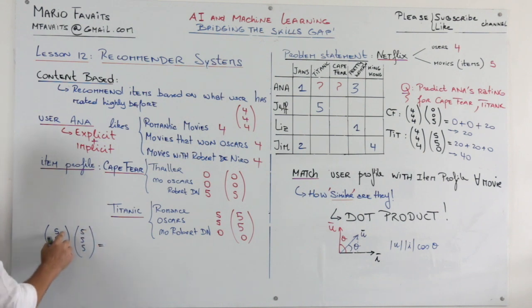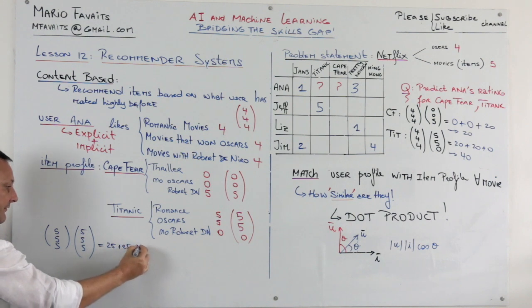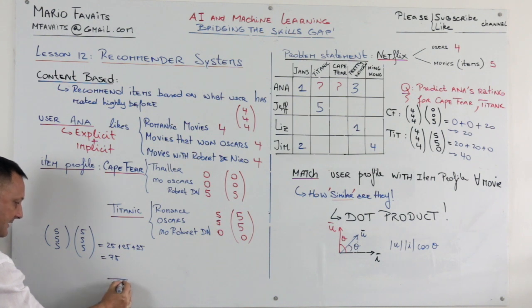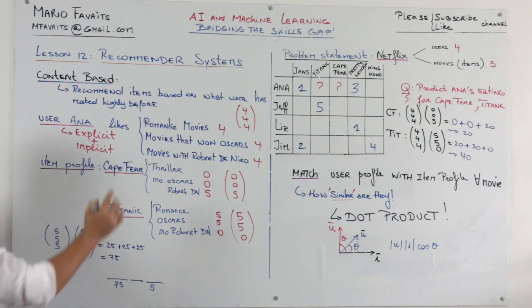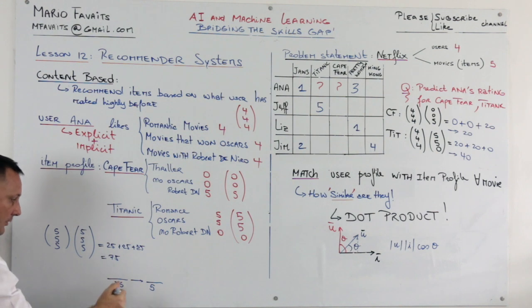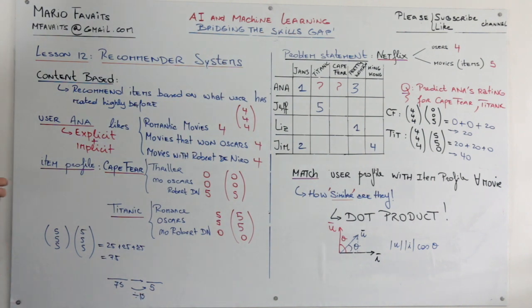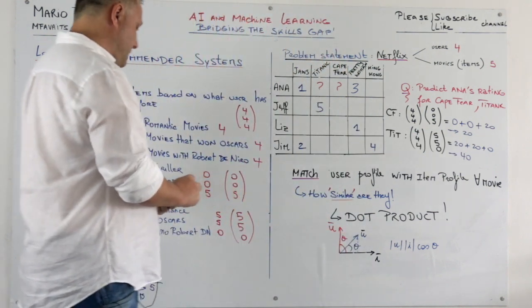If you take the dot product, 5 times 5 is 25, and we have 2 more, plus 25 plus 25 equals 75. Now we need to convert to a score from 1 to 5, so we divide by 15. If we divide these numbers by 15, we will know what the score is.